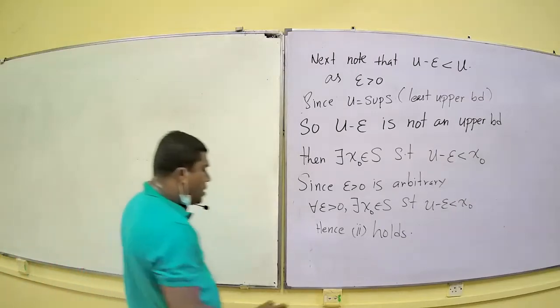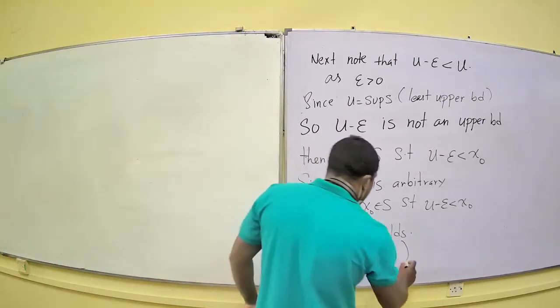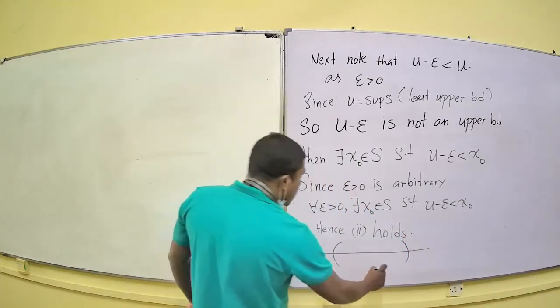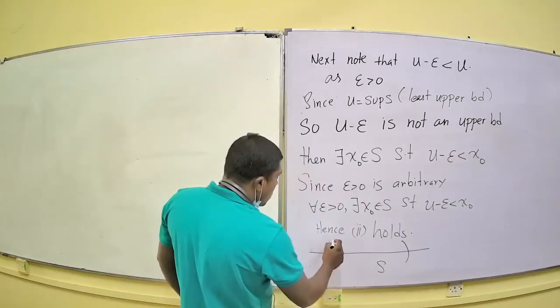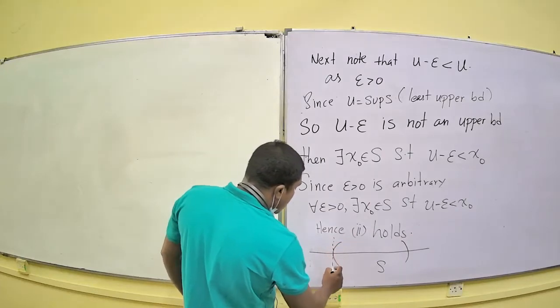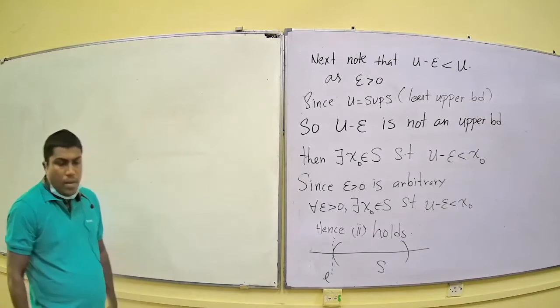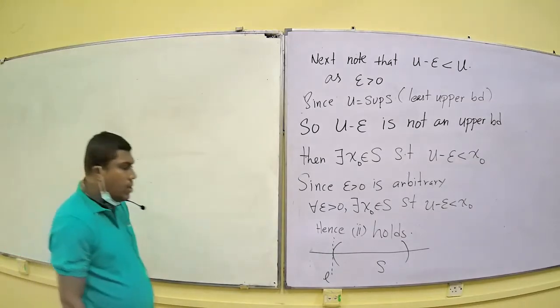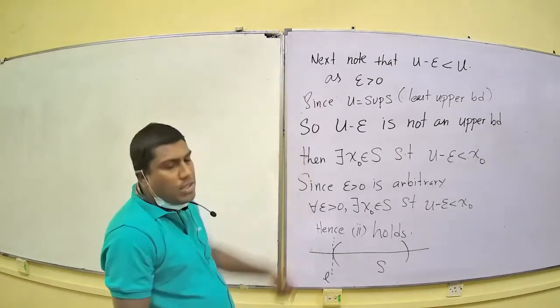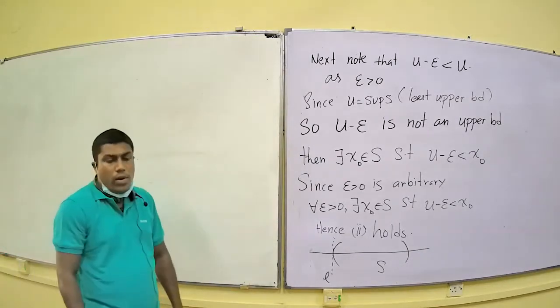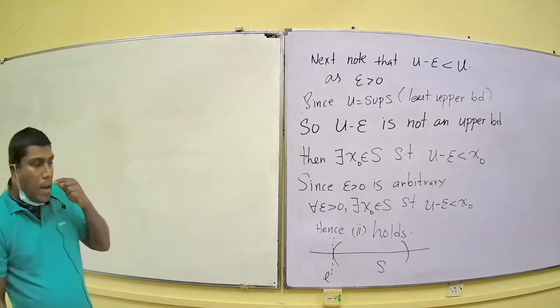First let us look at it as a picture. Here is the line, and this is the set. This is your infimum L. Obviously the first condition is always the same: every element in the set is greater than or equal to the infimum.